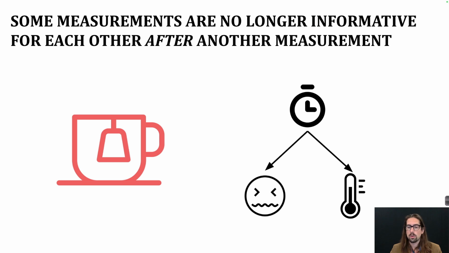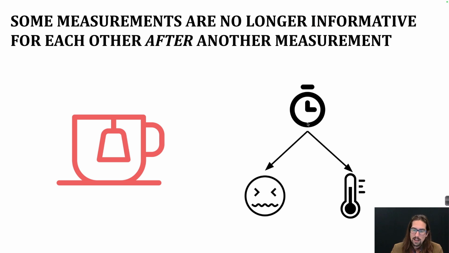How long the tea was steeping influences both how hot it is after it's been steeping and also how bitter it is, right? So it may actually be that a colder cup of tea is more bitter because it's been left longer, and a hotter cup of tea has not been steeped as long and therefore is less bitter.